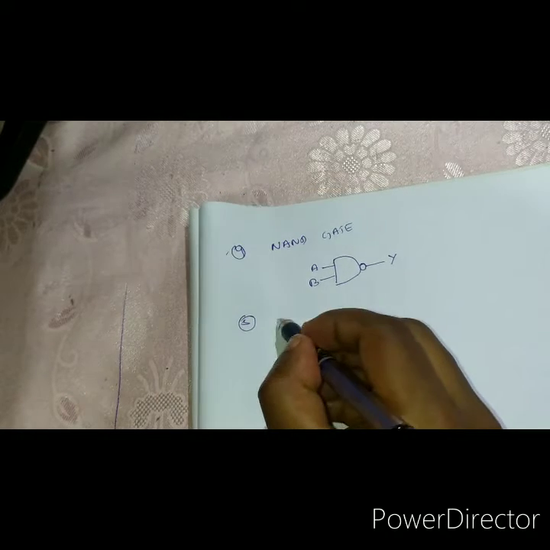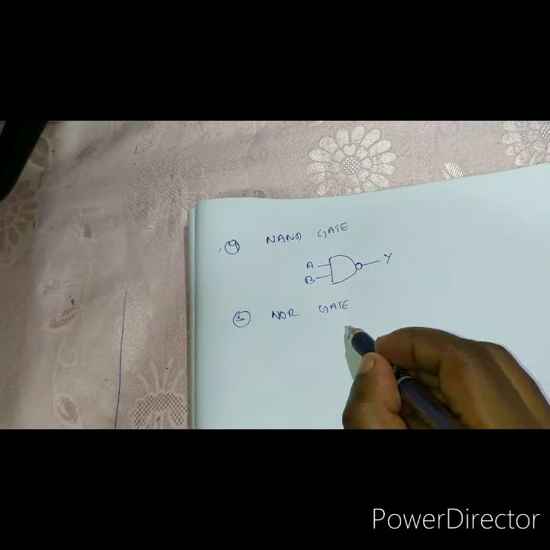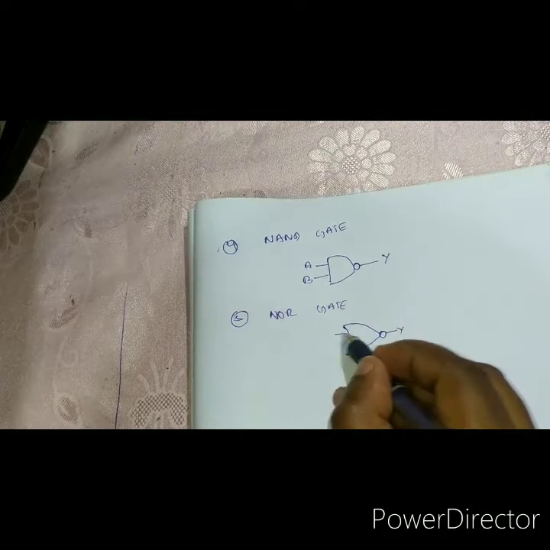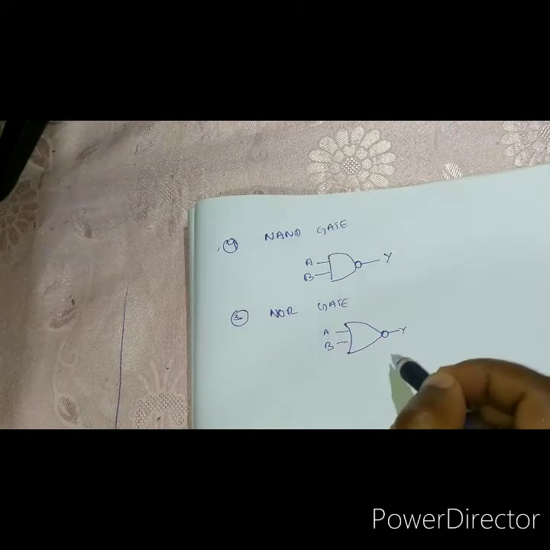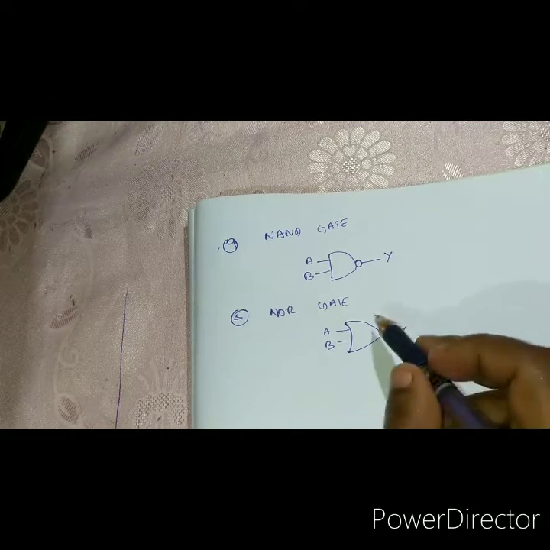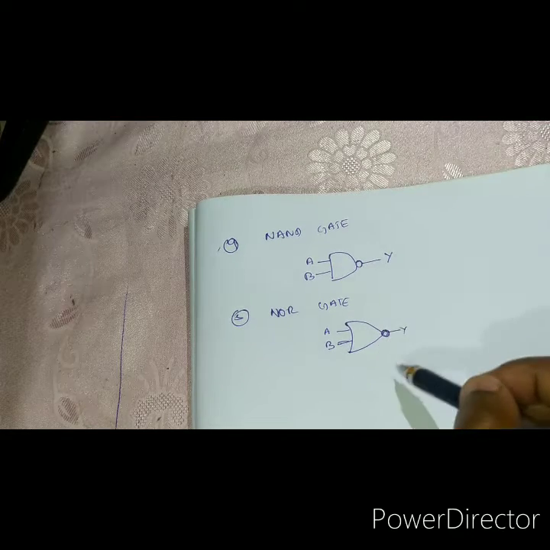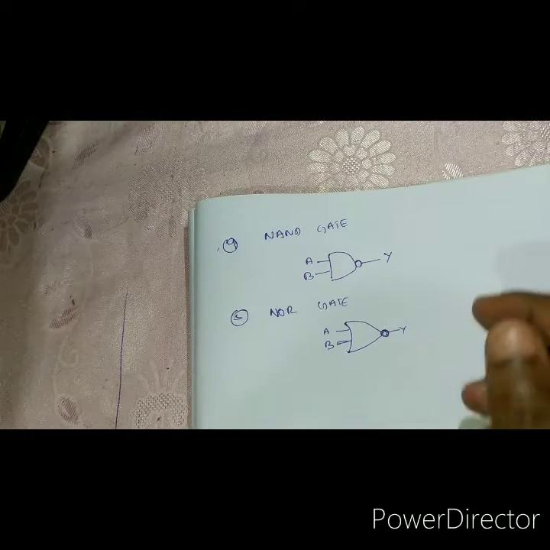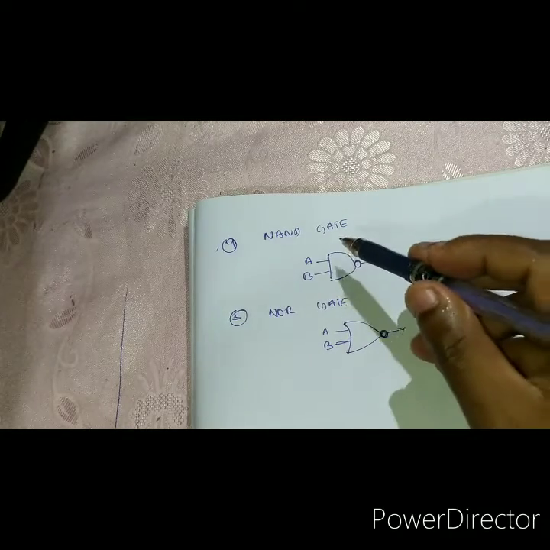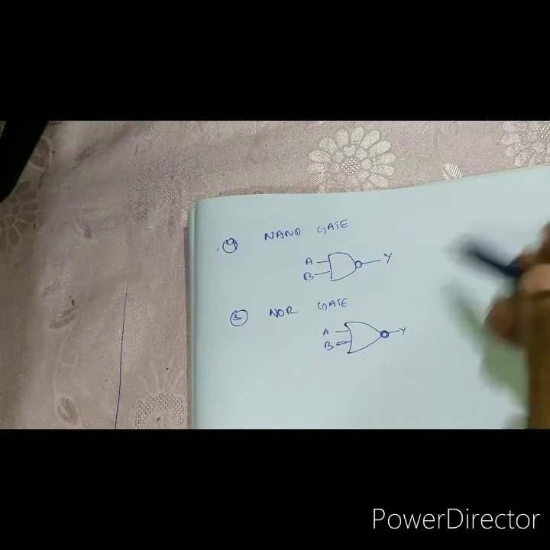Number 5, let us see the NOR gate. So this is the NOR gate. The NOR gate is also similar to the OR gate, but with a NOT. So this is the NOT. We can observe that all the gates have one, two or more than two inputs, but only one output.